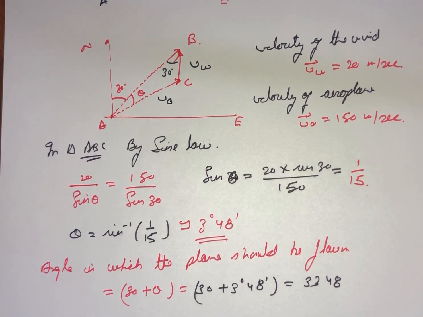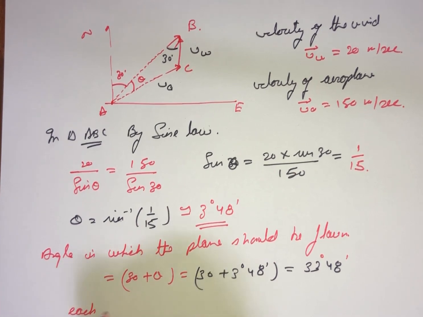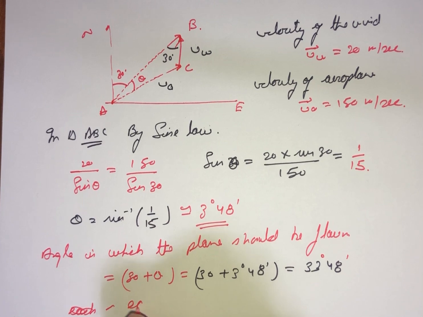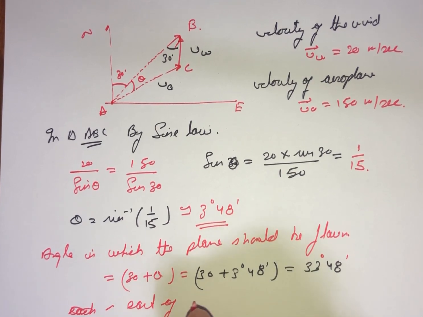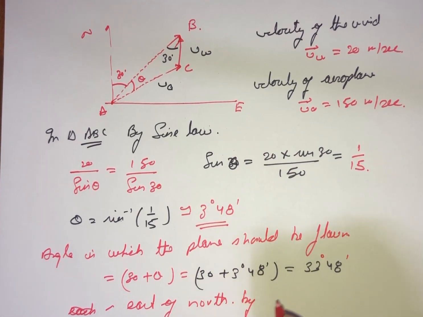Now we can say the direction is east of north by 33 degrees 48. So this is the first part.